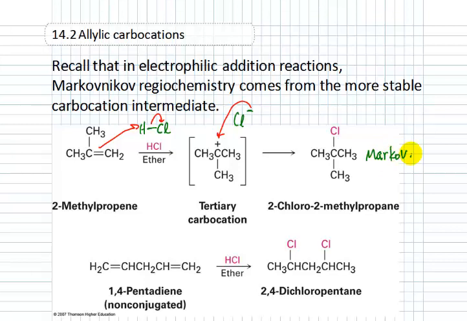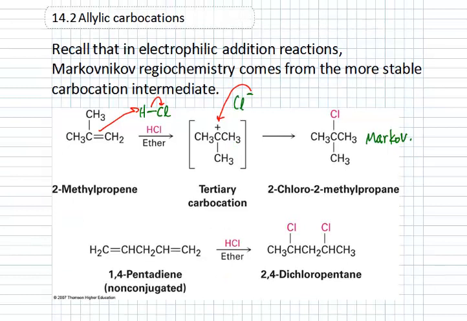Right, we've done that before, that Markovnikov regiochemistry, where the nucleophile ends up on the more substituted carbon, all comes from that carbocation stability. If I do this with a diene that is non-conjugated, I'll end up with a similar type of compound. We just will have added two chlorines into it. One of them will attack the H and we'll end up with a carbocation there.